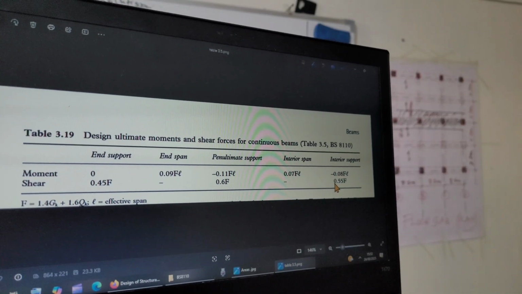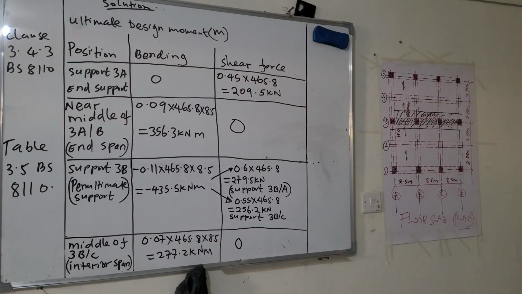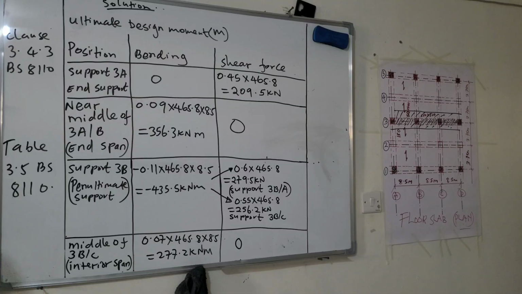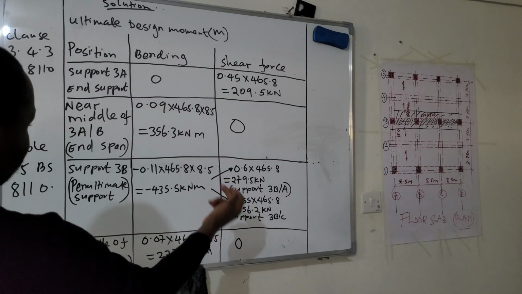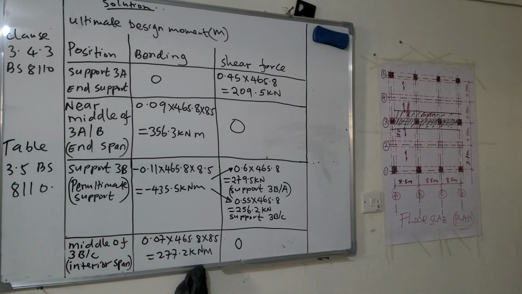So this is the interior, 0.7 FL. So 0.7, F is 465.8, L is 8.5. Then the shear force is 0. So you will get your answer to be 277.2 kilonewton meter as the bending.